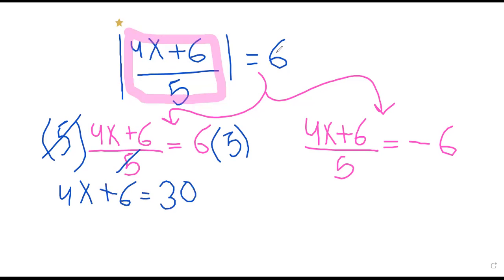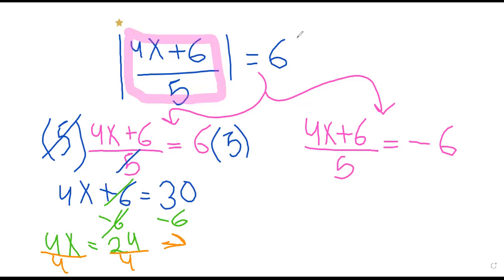Then I'm going to subtract 6 from both sides, so we are left with 4x is equal to 24. Finally, I'm going to divide both sides by 4. So this will give x is equal to 6.